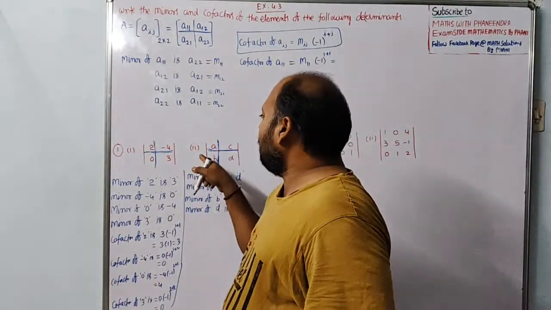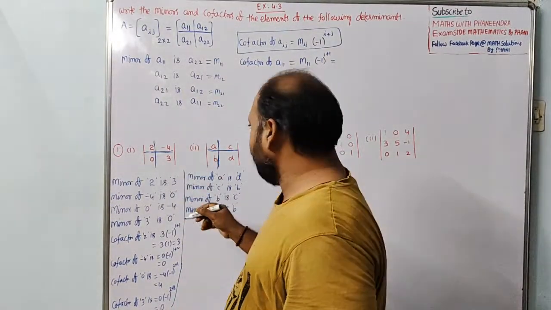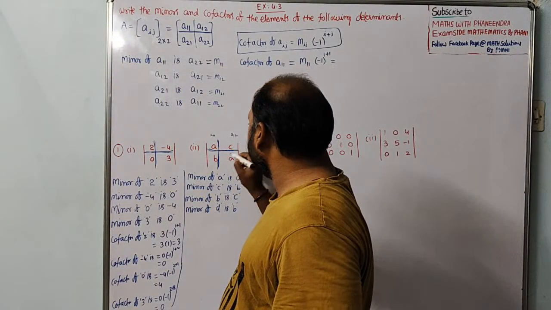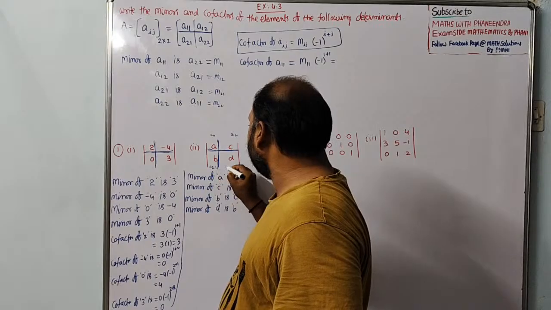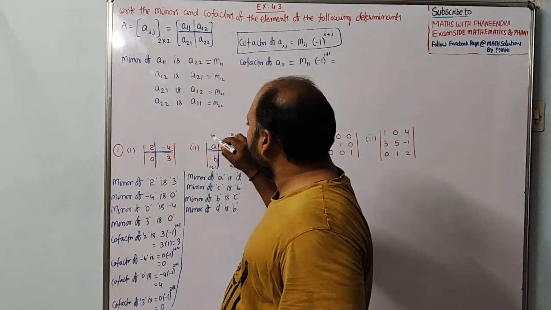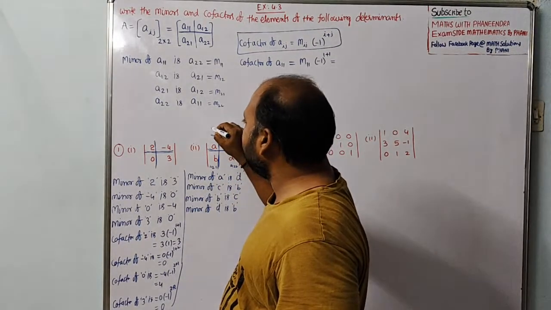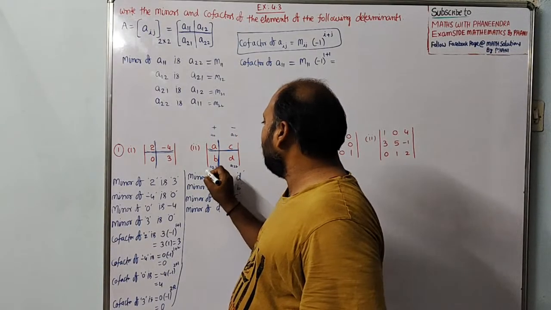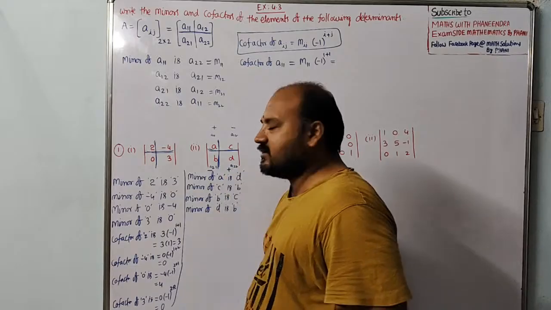If you are remembering for first 2 by 2 matrix means, here this element is A11, A12, A21, A22. So 1 plus 1 even number means it comes minus 1 whole power, it is plus, it is minus, even it is also minus, it is also plus.